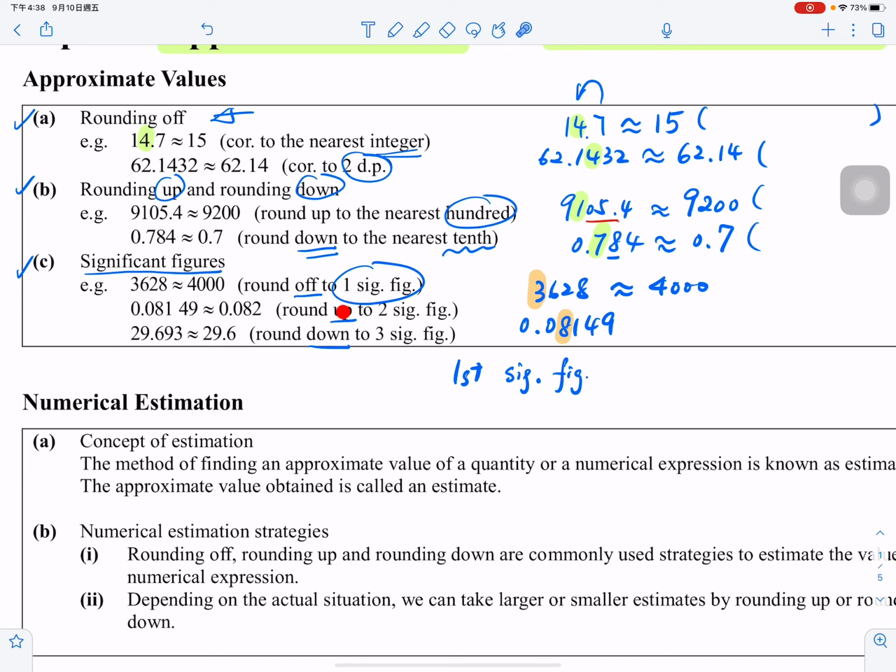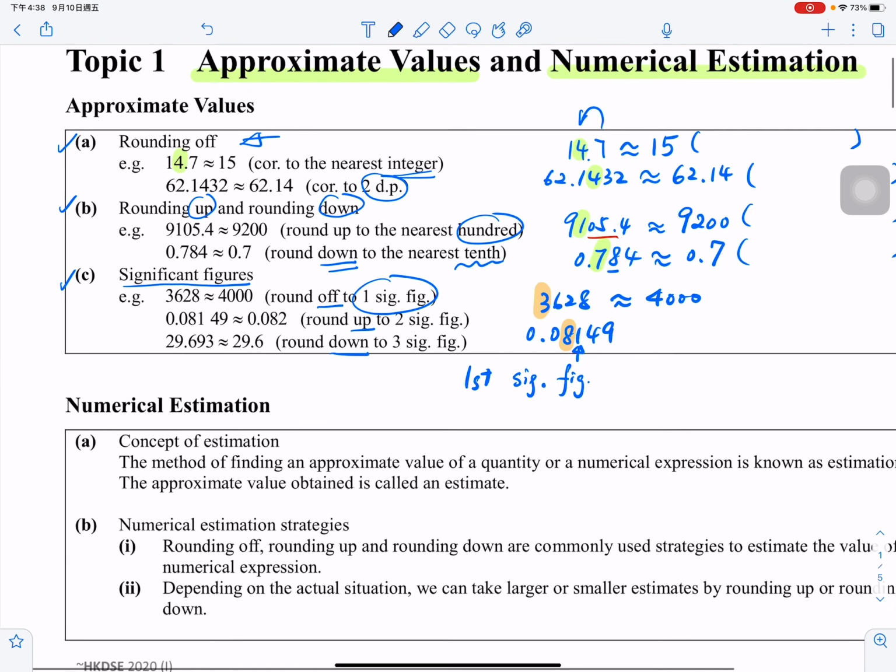Round up to 2 significant figures, that means we focus on this one. Round up means whatever the values on the right-hand side, you need to add 1. That means 0.082. Remember? And round down is just the same.